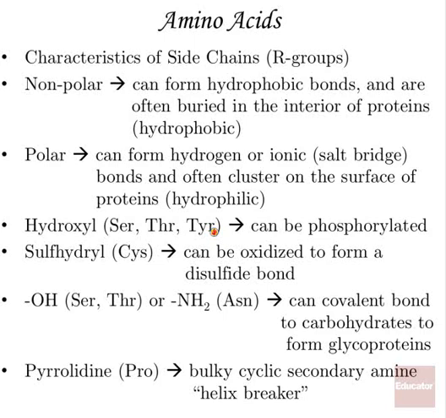And these residues are often going to be buried in the interior of the proteins because they're hydrophobic. Now, in contrast, our polar groups can form hydrogen bonds or ionic bonds, called salt bridges. Okay, so they can form ionic or hydrogen bonds, and they often cluster on the surface of a protein, because these are hydrophilic.